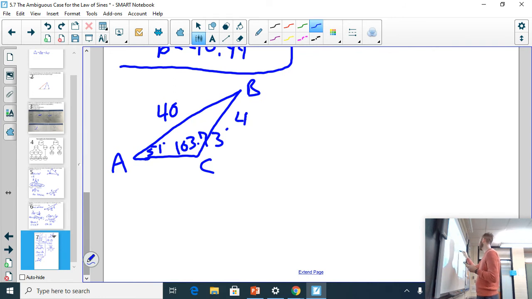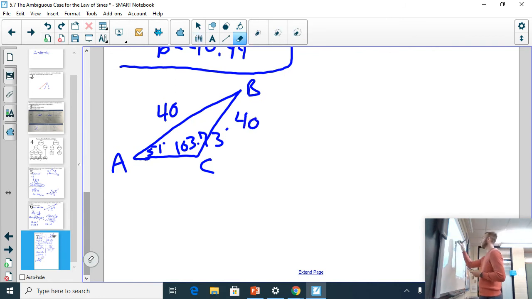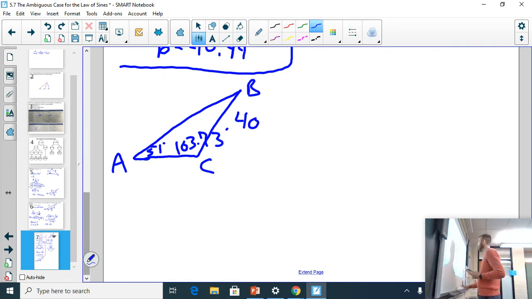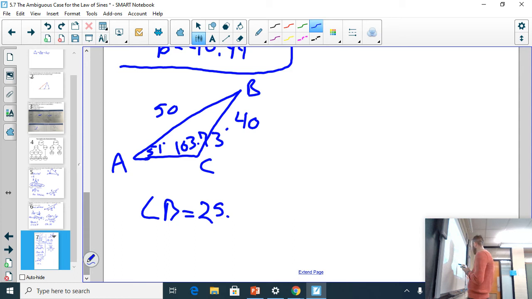We have 40 for that length and 50 for this length. And now we're just doing the same thing again, right? We can do 180 minus those two to get our last angle. So angle B is 25.27 degrees. And then we're still looking for side b.